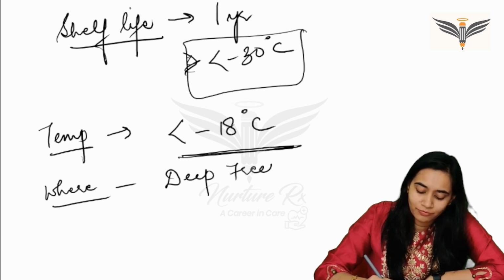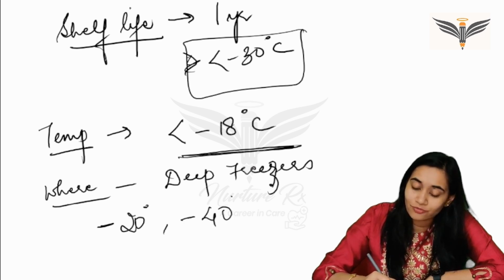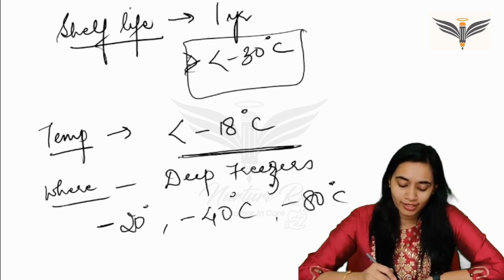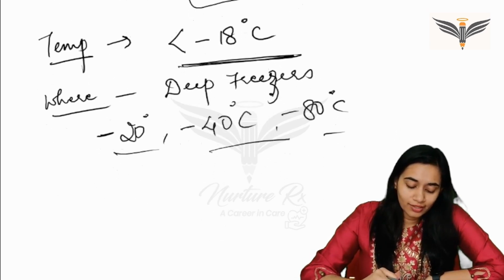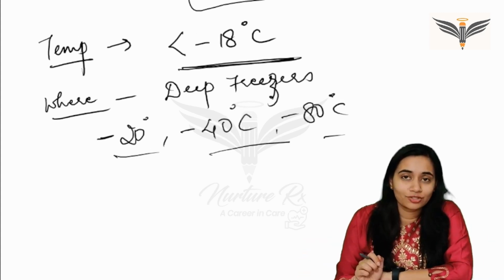These deep freezers usually are of three temperatures. They can be minus 20 degrees centigrade, minus 40 degrees centigrade, or minus 80 degrees centigrade. Either of them. Now that I have told you at what temperature this is stored, let me ask you one question.